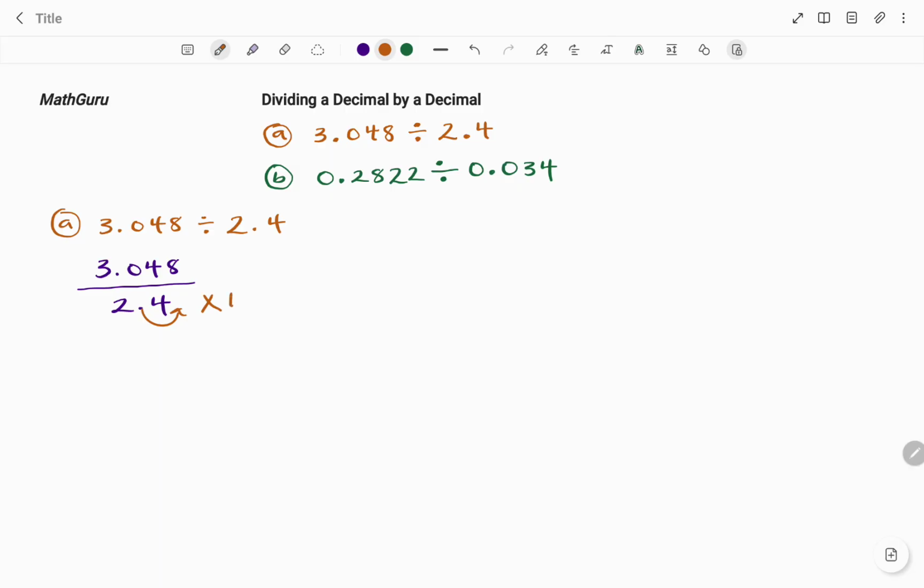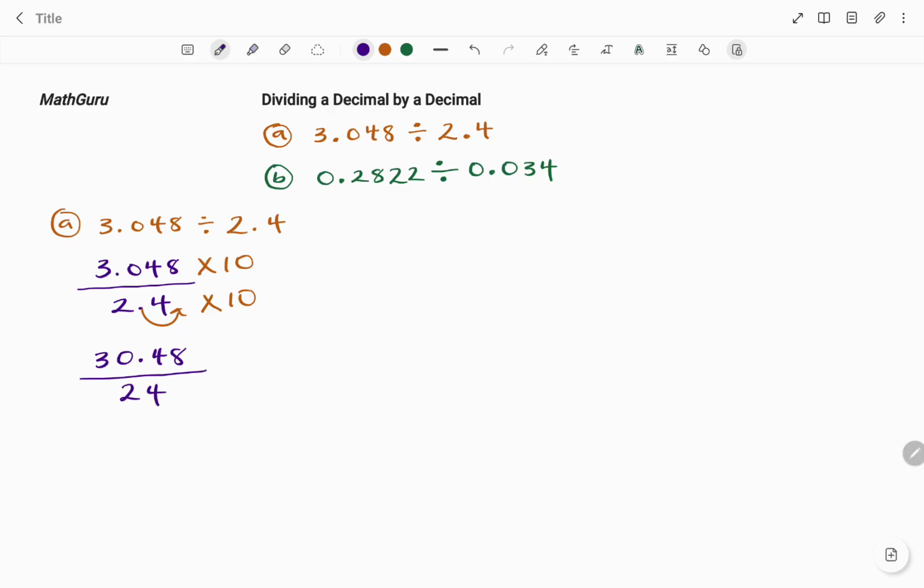the denominator by 10. And like when you're simplifying your fractions, whatever you do at the bottom, you do at the top. So because I'm multiplying my denominator by 10, I need to multiply my numerator also by 10. So therefore, the question becomes 30.48 divided by 24.